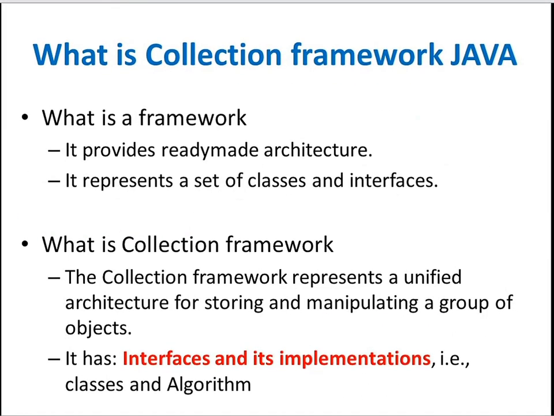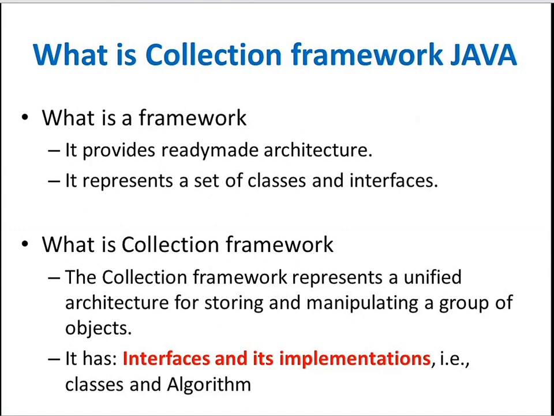Then what is a collection framework in Java? As we know, a framework is a ready-made architecture, and using this ready-made architecture, we represent a number of classes and interfaces. Same here, we are going to use it in Java as the collection framework. What is a collection framework?